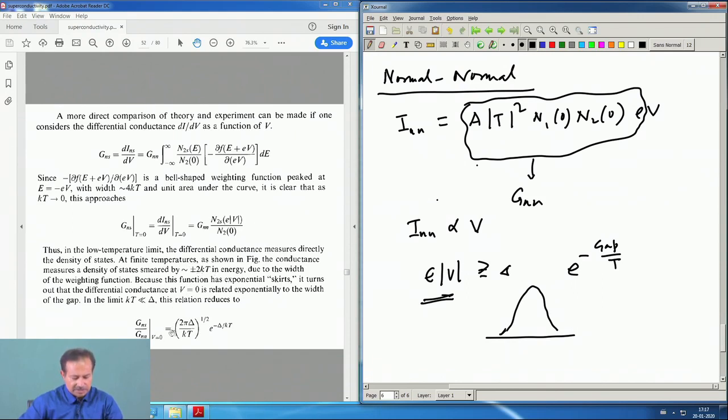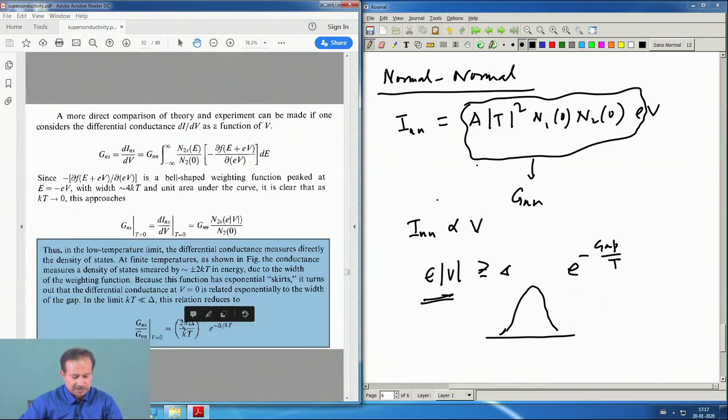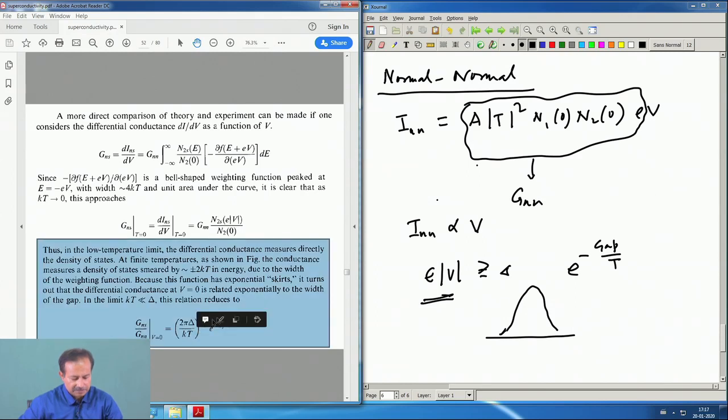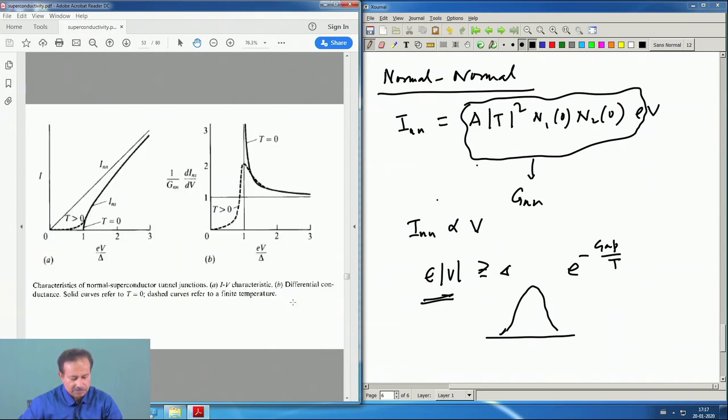So the result is that you will get a G. G NS equal to dI NS by dV is 2 pi delta to the power half kT, and it follows the density of states. At T equal to 0, it just diverges and goes up.